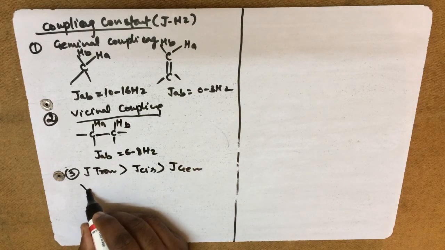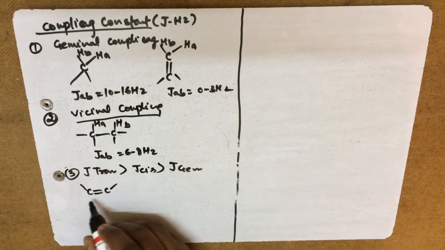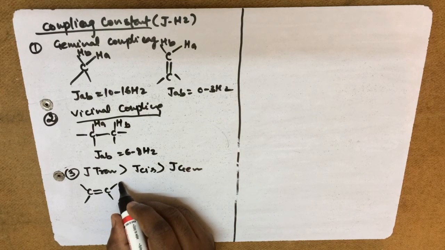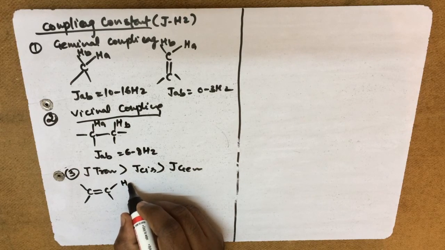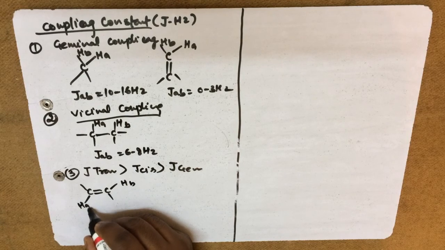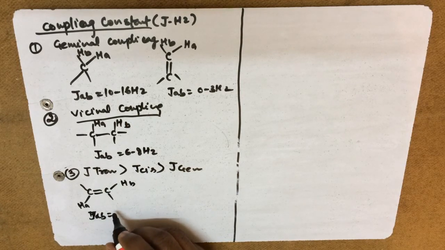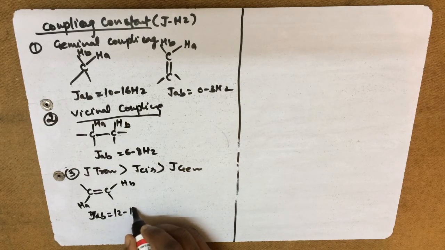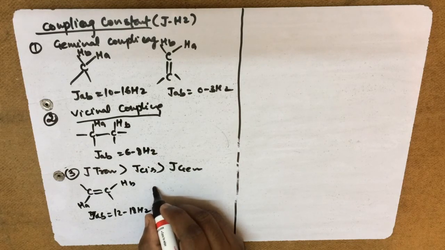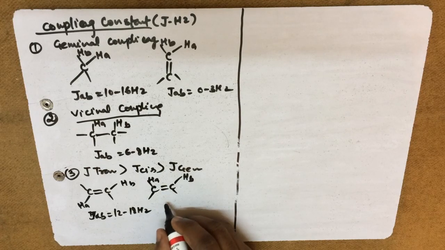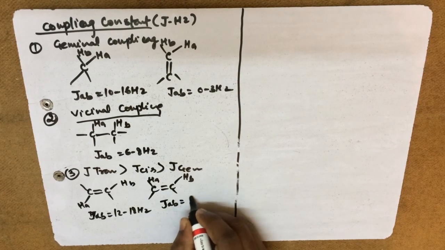For trans, with HB and HA, the value JAB is almost 12 to 18 Hz, and for cis this value becomes 6 to 12.